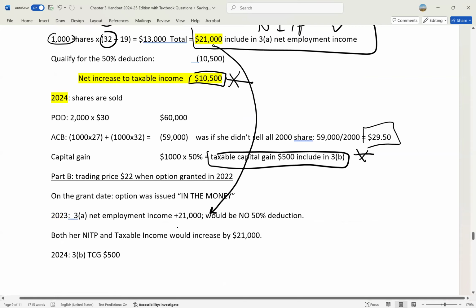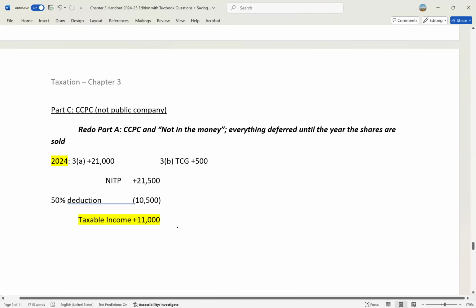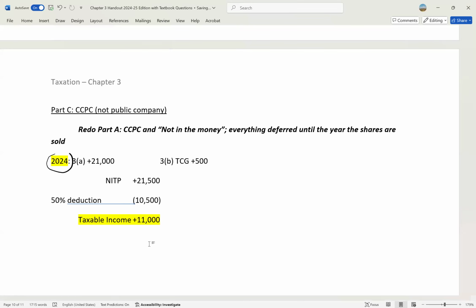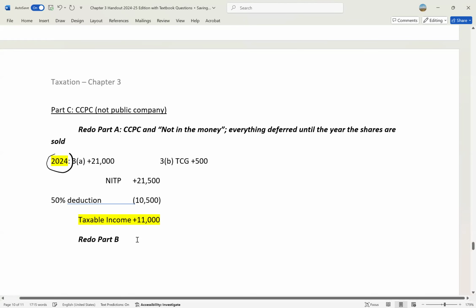But with a CCPC, everything is deferred until the year the shares are sold. And then it asks us to redo part B, assuming that this is a CCPC.